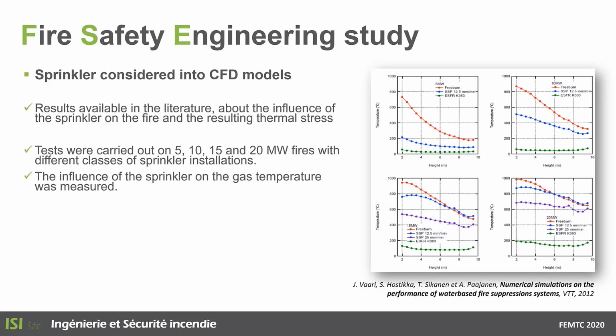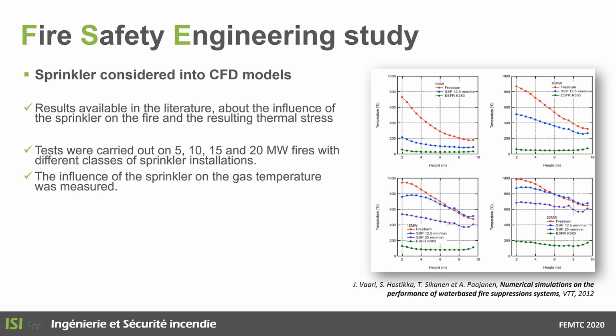The second study carried out several tests with 5, 10, 15 and 20 megawatt fire using different classes of sprinkler installation. For this test, the influence of the sprinkler on the gas temperature was measured. We can see on the figure that the higher the flow of the water, the lower the temperature in the ceiling. That's normal.